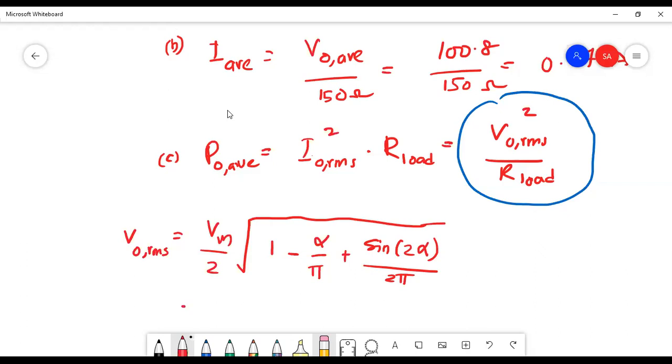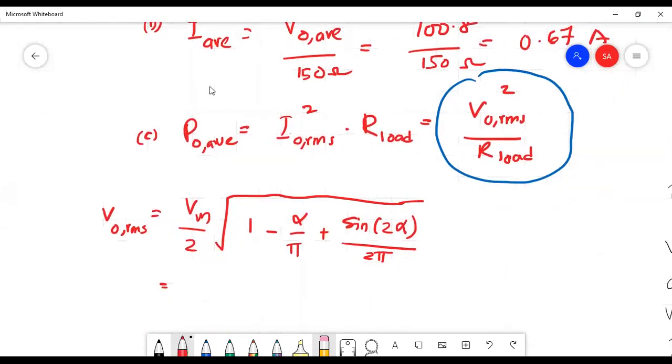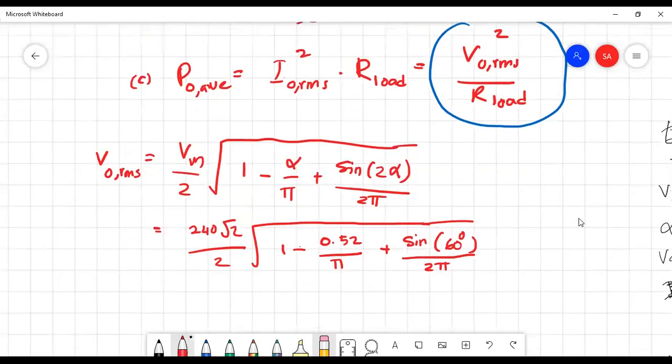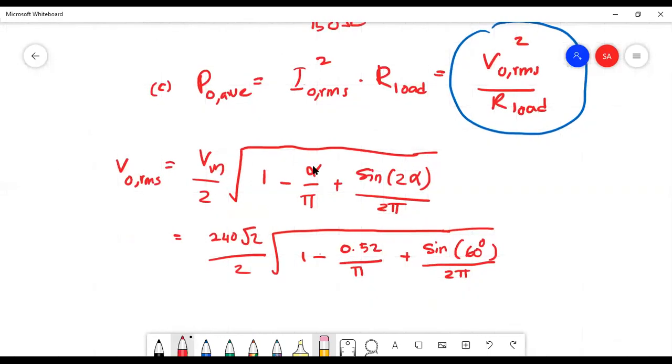I also don't remember the sign exactly, so please check. As you can see here, this is the V out RMS equation, and you need to convert Vm. It is actually 240 volt, so you need to multiply by the square root 2.